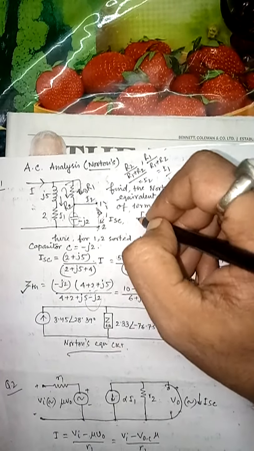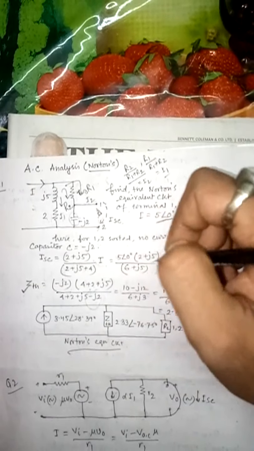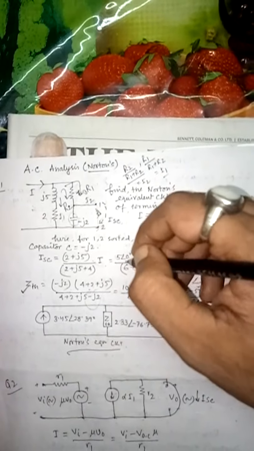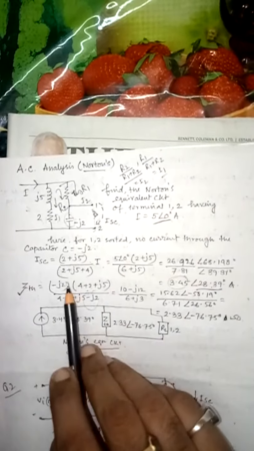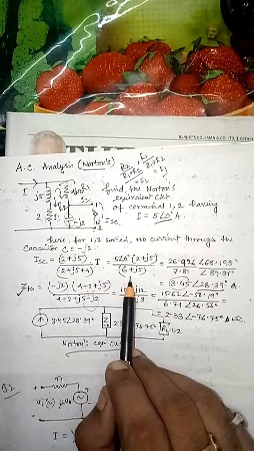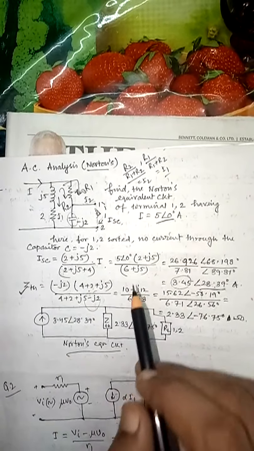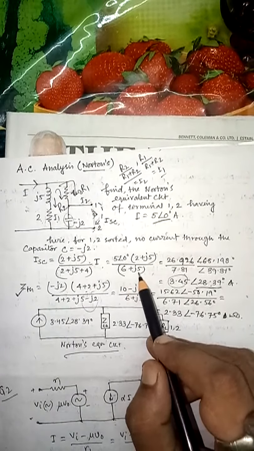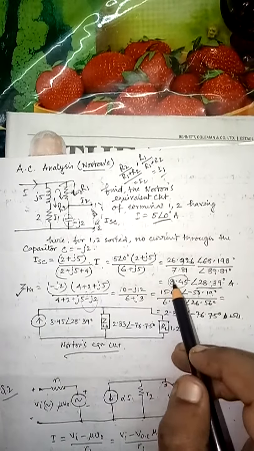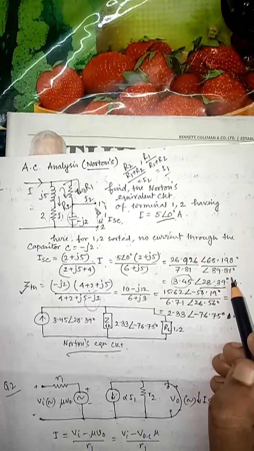The same thing I have applied here, and I will be getting the value 5 with angle 0 degree, over 2 plus j5 plus 4, so all total 6 plus j5. Taking 6 plus j5 in amplitude modulus form, it is 7.81 angle 39.81 degrees.